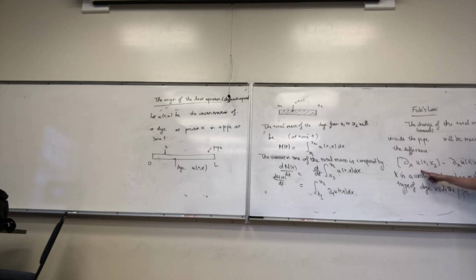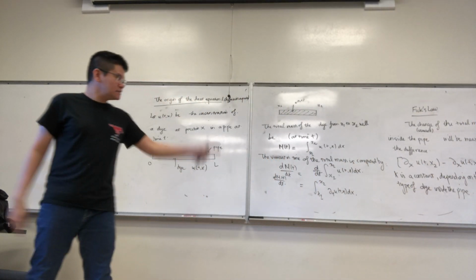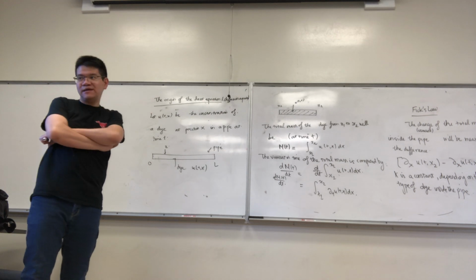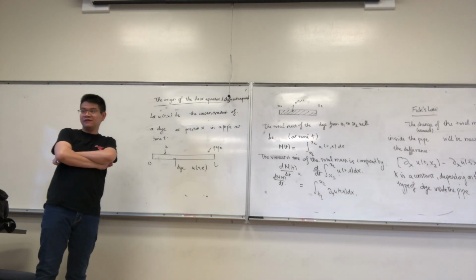The change of the density is measured by the derivative in x of the density. You measure this change at the point x2 and the point x1, and you take the difference. And you multiply that with a constant, which depends on the type of material, the dye that you have. And this is the change of the total mass inside the pipe.